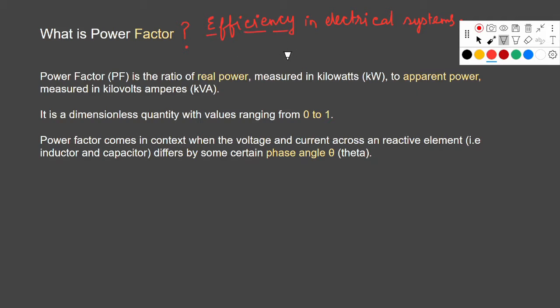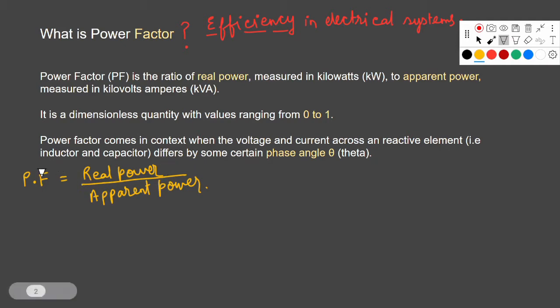In electrical systems, we have power factor. Mathematically, power factor is the ratio of real power upon apparent power. There are three different kinds of power, which we will look at a bit later. So the ratio of real power and apparent power gives us the power factor.